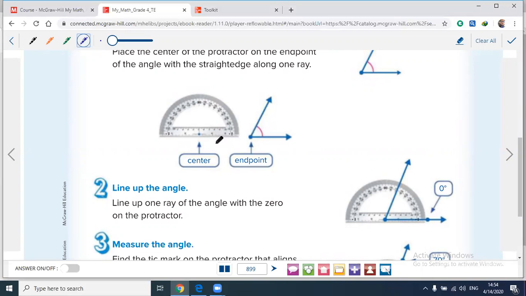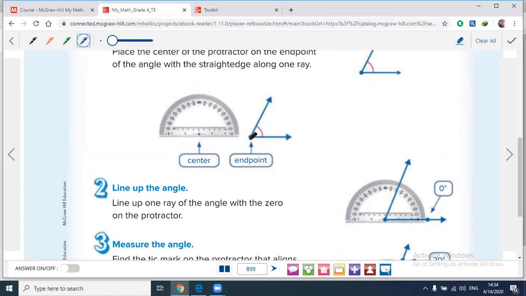Any protractor has at the middle a point called the center. We use this protractor to measure angles.